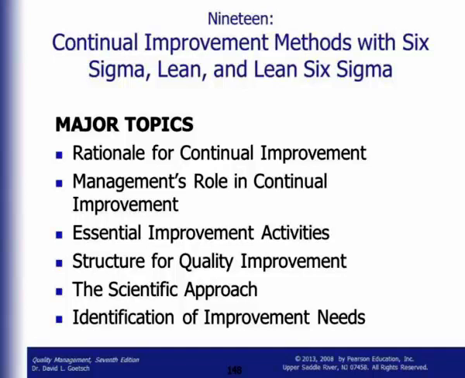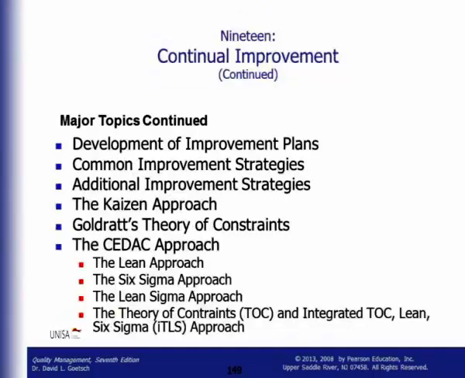So we're now looking at the rationale for continual improvement, management's role in continual improvement, essential improvement activities, structure for quality improvement, the scientific approach, identification of improvement needs, development of improvement plans, common improvement strategies, additional improvement strategies, the Kaizen approach, Goldratt's theory of constraints, the DMAIC approach, the Lean approach, the Six Sigma approach, the Lean Sigma approach, the theory of constraints and the integrated theory of constraints, Lean Six Sigma approach.